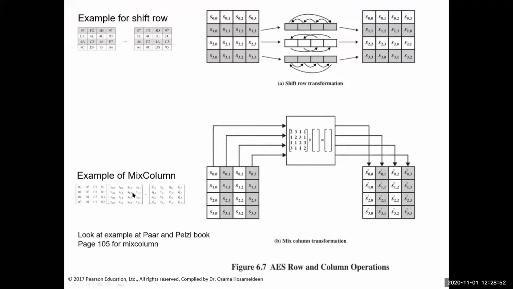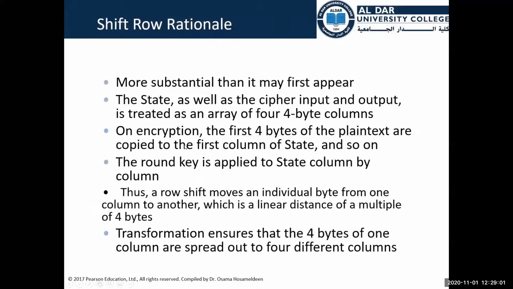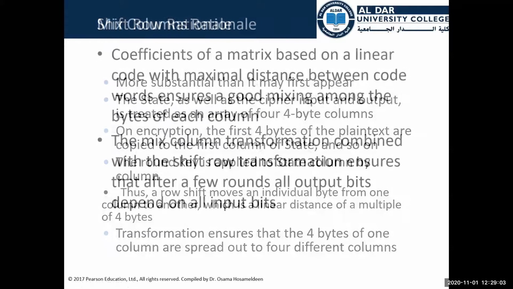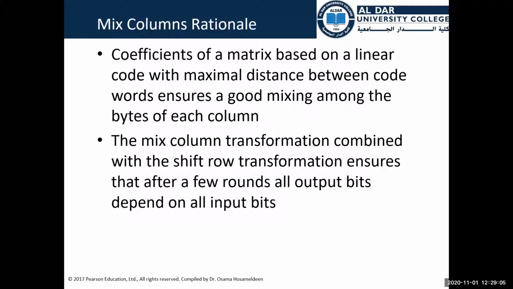Let's return back. This matrix, which contains 0, 2, 0, 3, 0, 1, ensures that we have the largest distance between each byte. This means that we cut the relationship within the internal structure of the byte itself.